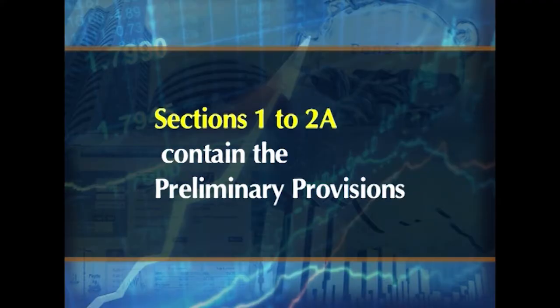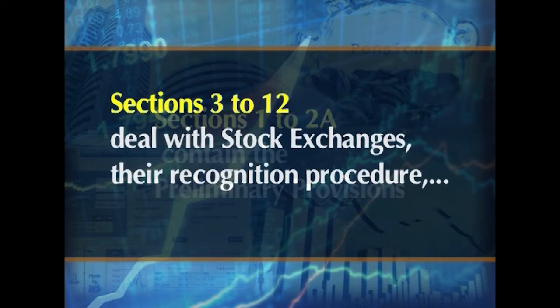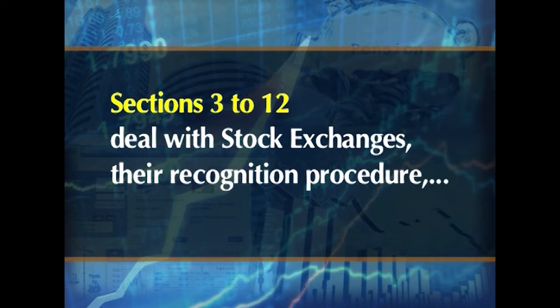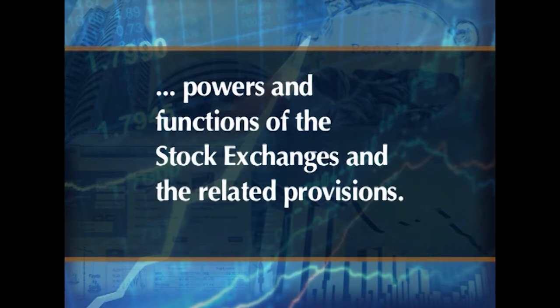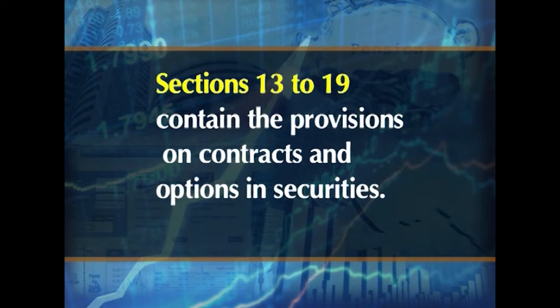Basic structure of the Act. This enactment contains 31 sections. Sections 1 to 2A contain the preliminary provisions. Sections 3 to 12 deal with stock exchanges, their recognition procedure, powers and functions of the stock exchanges, and the related provisions. Sections 13 to 19 contain the provisions on contracts and options in securities.